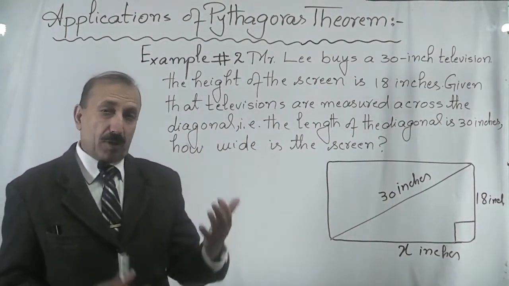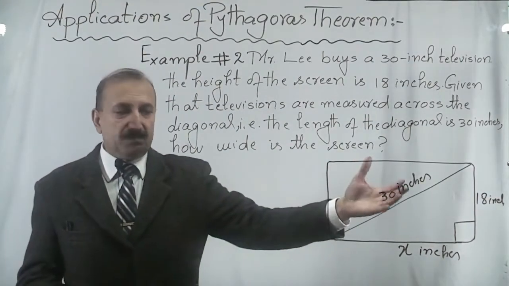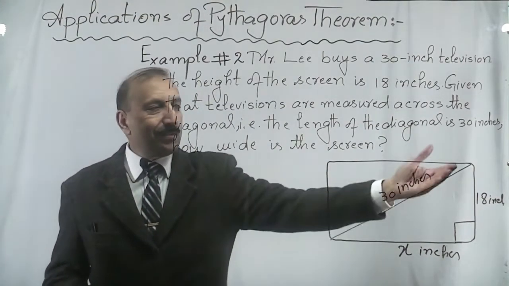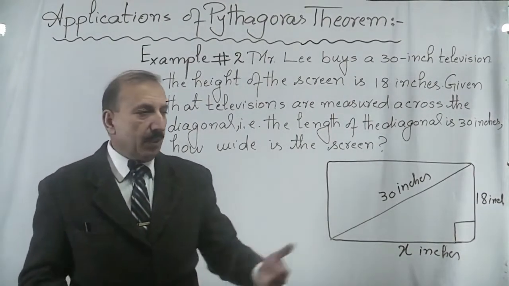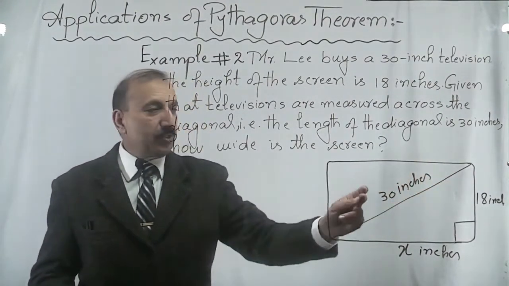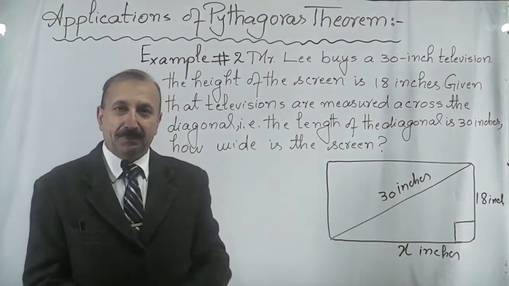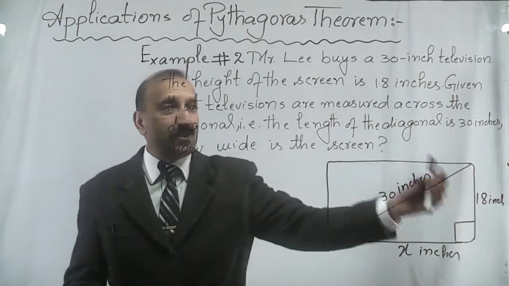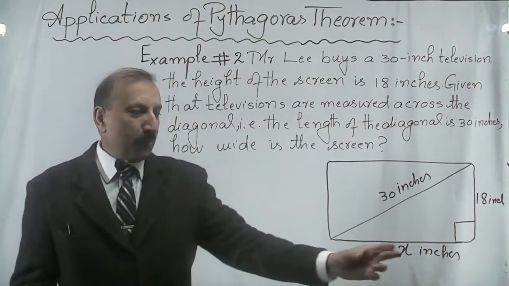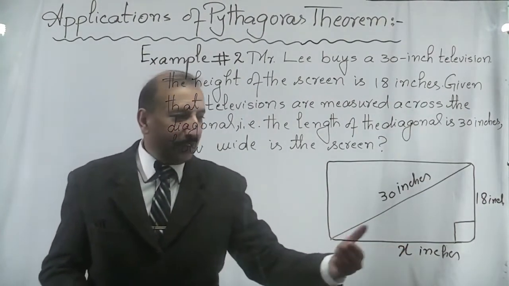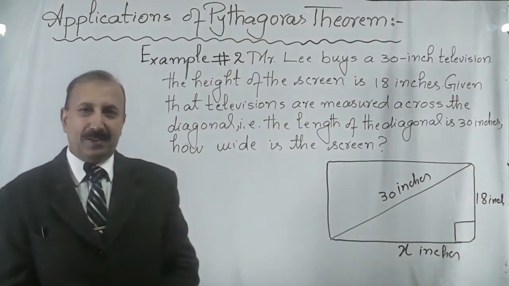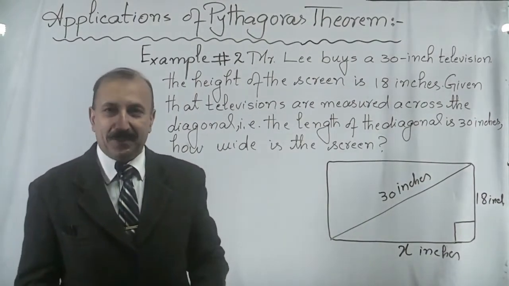Here, the overall concept is that the television is given, and its measurement is normally its diagonal measurement. This is a 30-inch television. Its height is 18, given in the question, and we are supposed to find its width. How wide is this television?